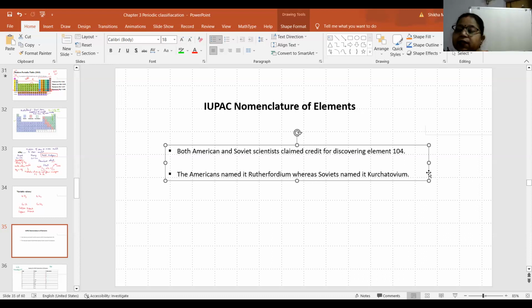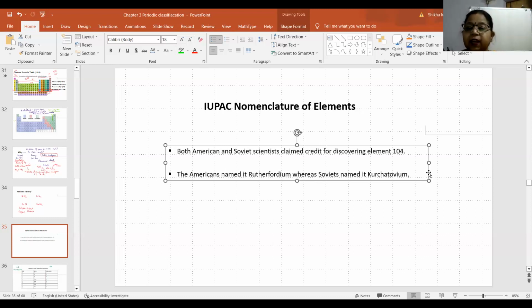Similarly, when scientists work in isolation in different countries, like this example given in your NCERT books, atomic number 104, the American and the Soviet scientists, you can say Russia. Soviet Union was an earlier terminology used for a certain group of nations. So roughly we can say Russia.